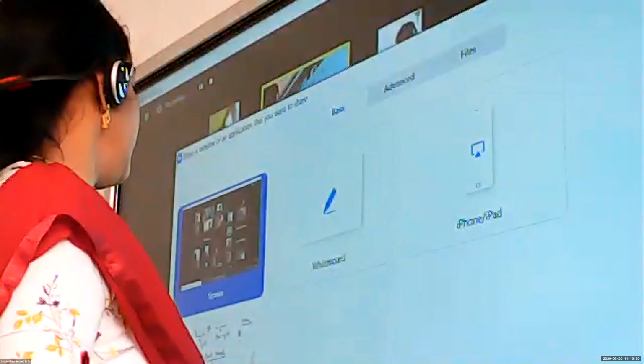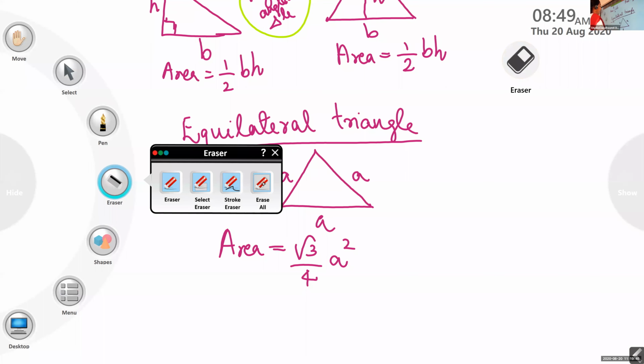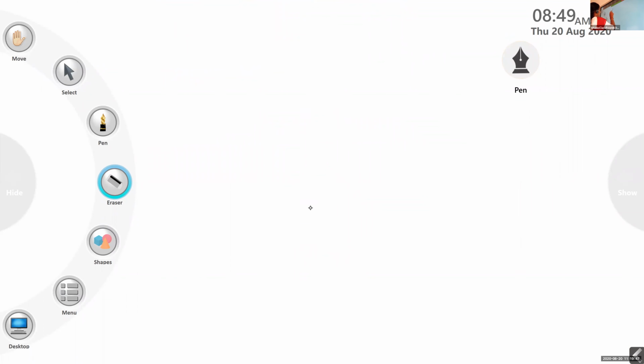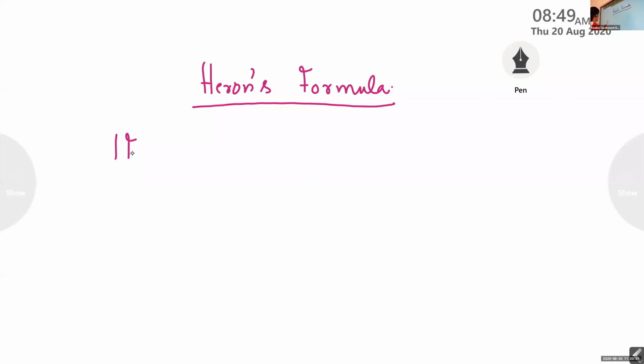So, we'll write that. Now we are writing Heron's formula. It is a long formula, but it is very easy to do. Heron's formula, you have to write like this.